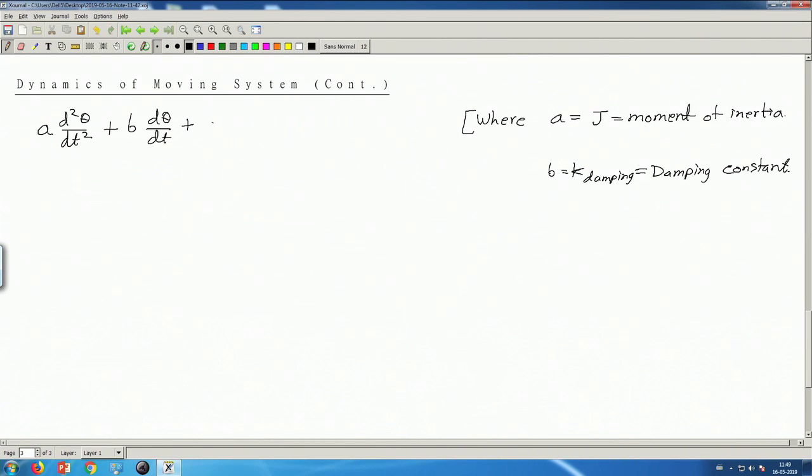Then plus let us write C times θ, where C is basically the spring constant.